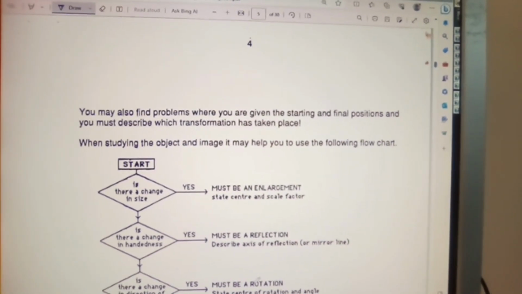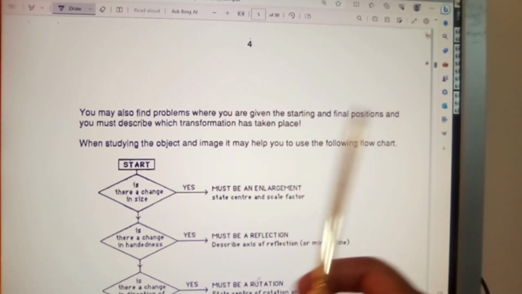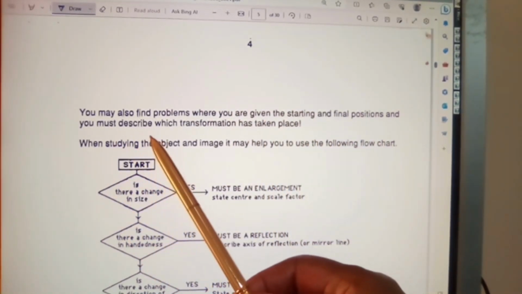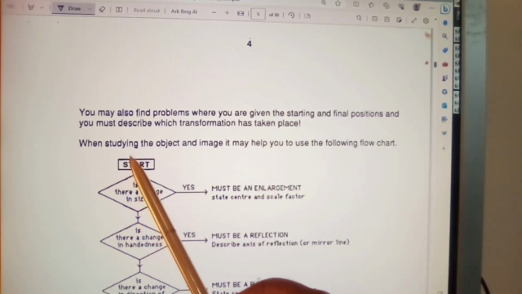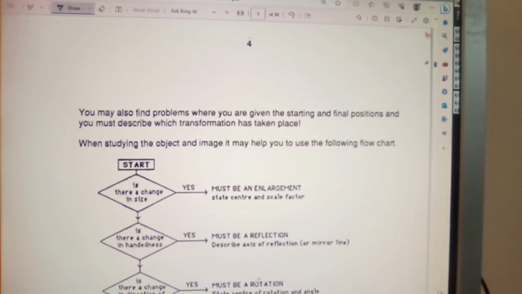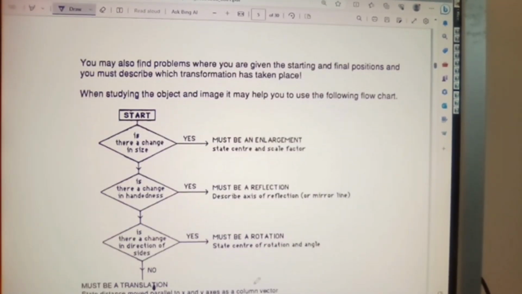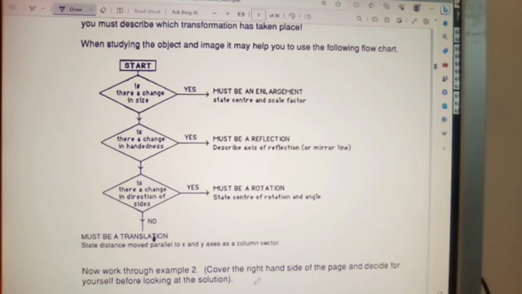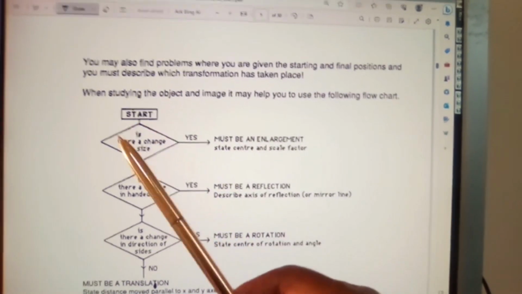You may also find problems where you are given the starting and final positions and you must describe which transformation has taken place. When studying the object and image, it may help you to use the following flowchart. Start.